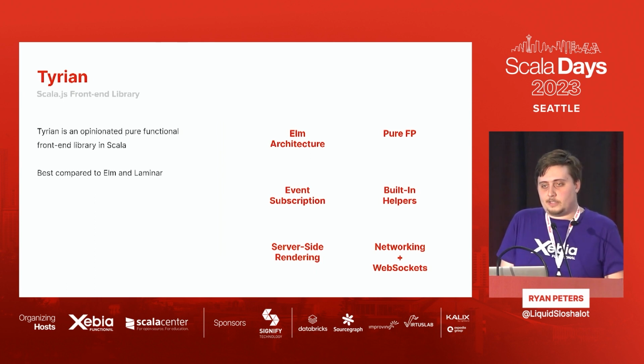But Tyrian, on the other hand, is very opinionated. It uses what is either something very similar to or basically the Elm architecture, which I'll get into on another slide. And it has a whole bunch of helpers to get you building web apps in a functional, reactive way using Scala idioms. So it's pure FP from the start.